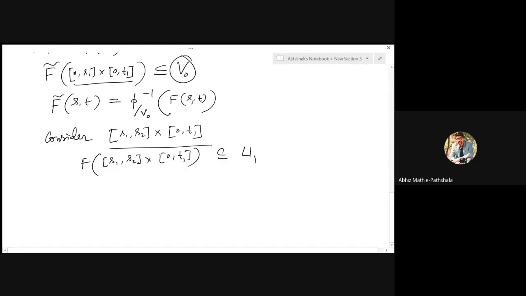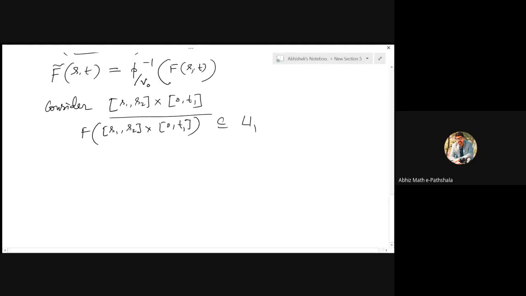Definitely, if you take the corner, that is S1, T1, then each point of P inverse of f of S1, T1 is contained in a different slice of the disjoint open sets.